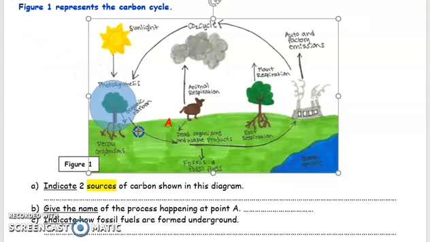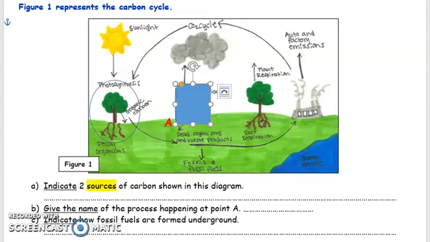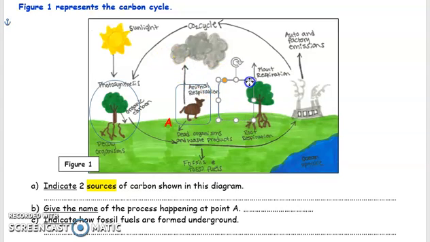So plants use the carbon dioxide in their food making process, which is photosynthesis, and they release oxygen into the air. This oxygen is taken by living organisms such as animals and plants.